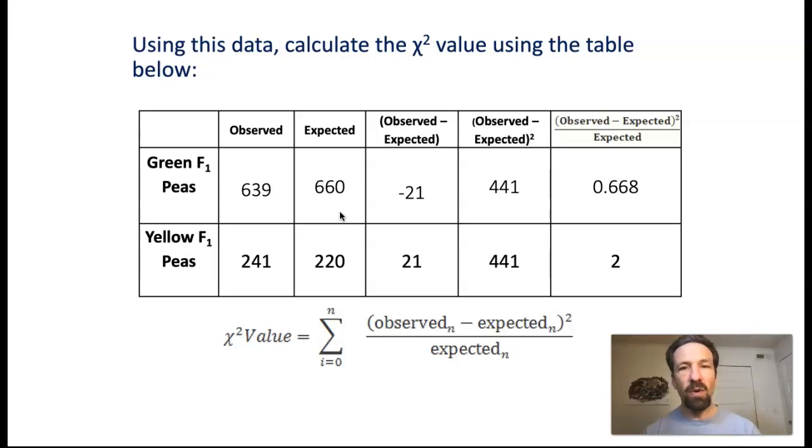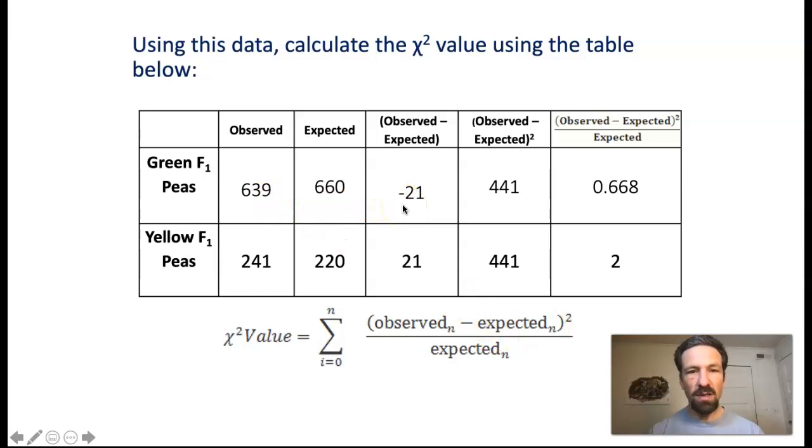So for any chi-squared test that you have to calculate by hand, I would strongly recommend that you make a table like this. We have the green peas in the first row, yellow peas in the second row, the observed and the expected values. Well, to do our calculation, remember the first calculation in parentheses is observed minus expected.